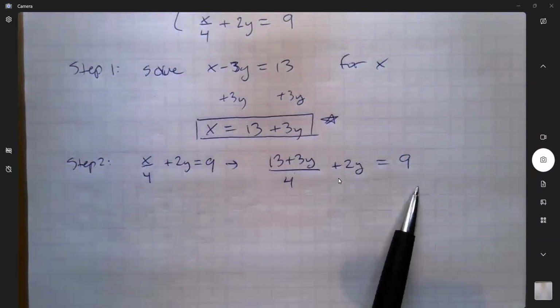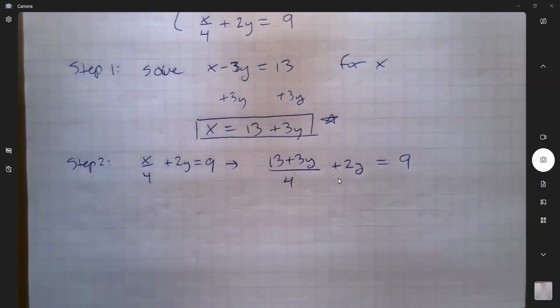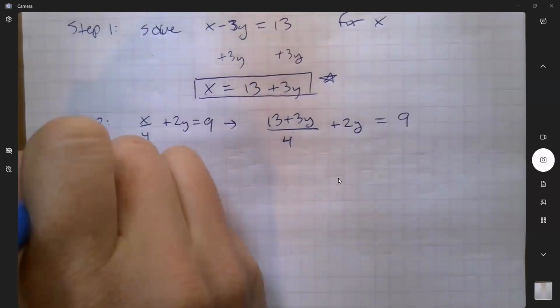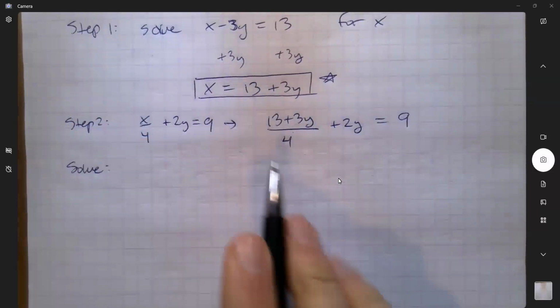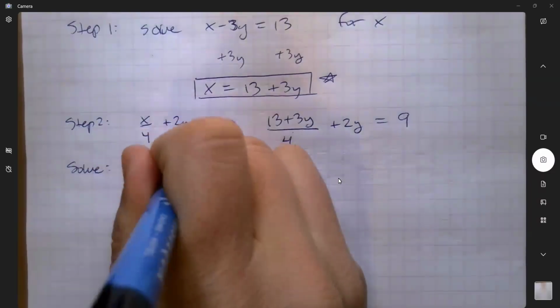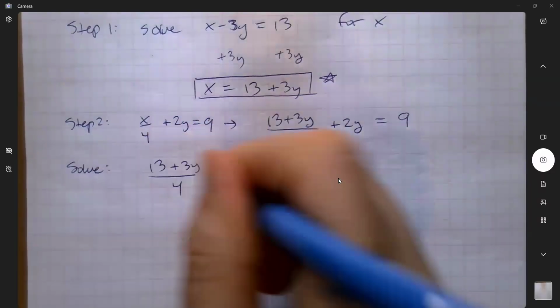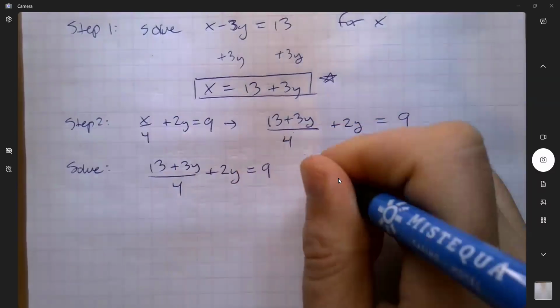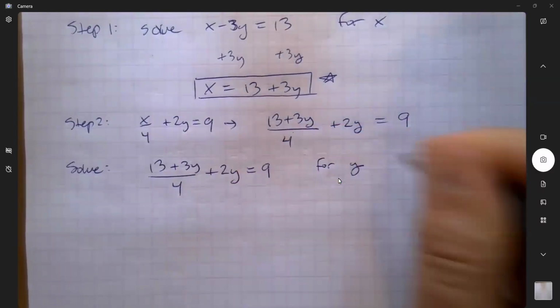Not the nicest looking equation, but at least it's just a single variable. Now I'm going to solve this new equation. I'm going to solve 13 plus 3y over 4 plus 2y equals 9 for y.